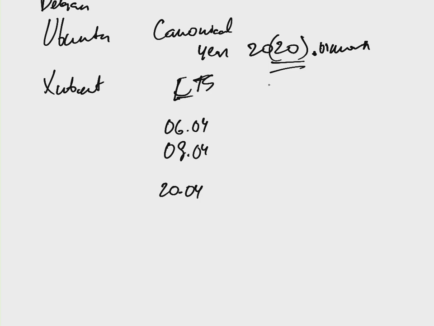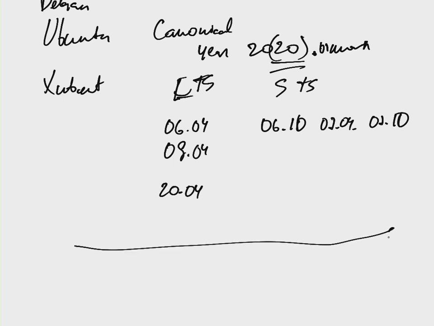And then short-term support versions they introduce after half a year. So between this and that they have versions also 06.10, I think 11, 07.04, and 07.10 or 11, I don't know, I think 10. And so if you look on a time scale, it looks something like this.